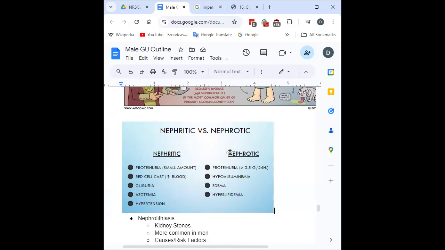And it's more pronounced that you have hypoalbuminemia, so the loss of albumin in your blood because you're peeing it out. So you will have hypoalbuminemia, but you'll have hyperalbuminuria, because uria is urine and emia is blood. Red cell cast is hematuria. Yeah, it's referring to the hematuria in that case.